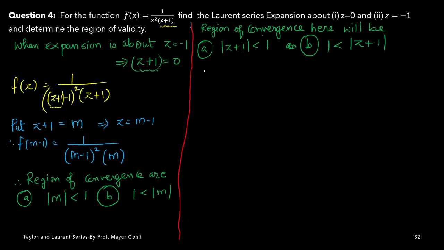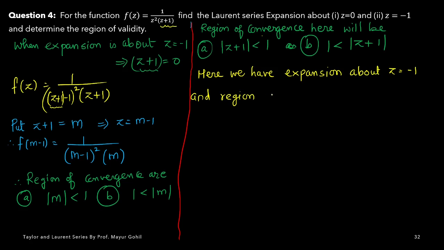On solving we will get, so here the case will become expansion about z equal to minus 1, and I'm taking the first part now.